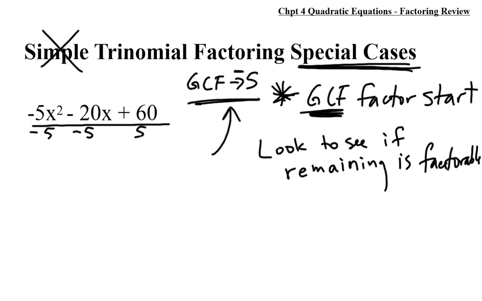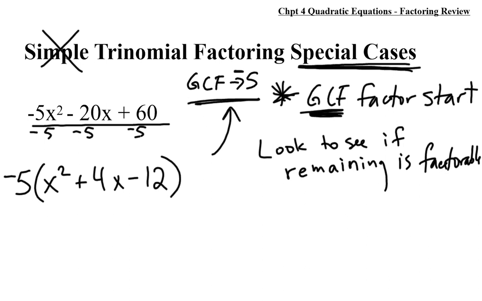So if I change my GCF now to negative 5 and factor that out, I'm left with 1x squared, which is really just an x squared. That's what we need. We have a positive 4x and a negative 12. Now, after we did the GCF, is the remaining factorable?